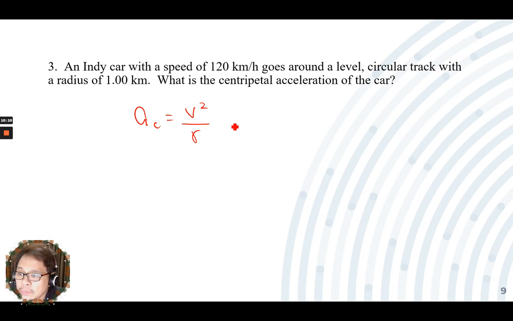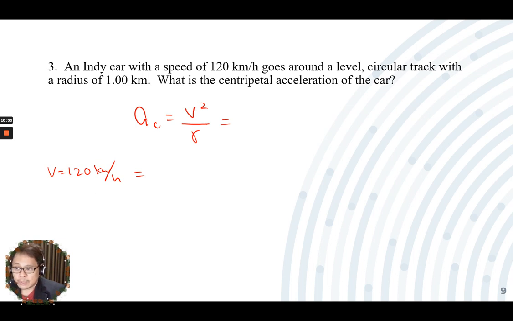Since we are looking for centripetal acceleration, we want it expressed in MKS form, so meters per second. So we need to convert 120 kilometers per hour. Let's express this in meters per second by our shortcut, which is to divide this by 3.6.